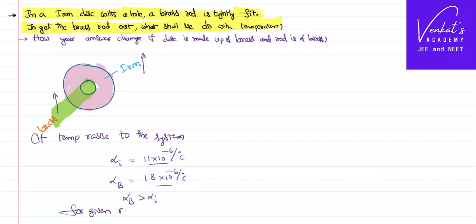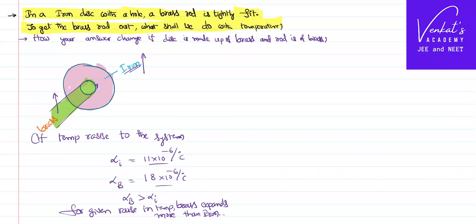For a given rise in temperature, brass expands more than iron. That's the point that we need to understand carefully. Now, this brass, which is already tight, expands more than the iron. Iron also expands. That means the iron hole also expands, but the brass rod expands more.